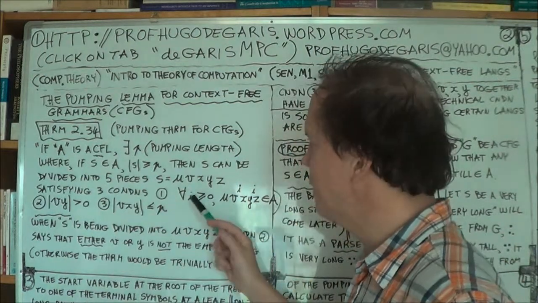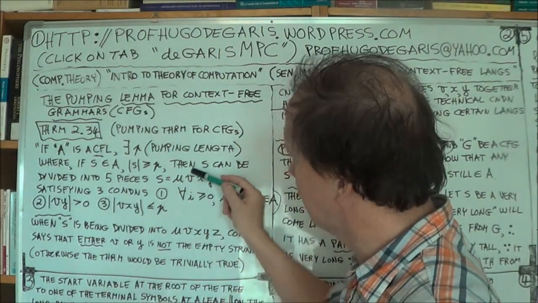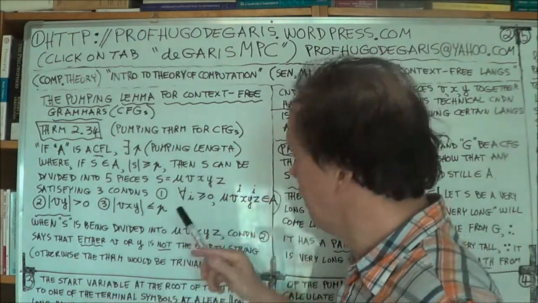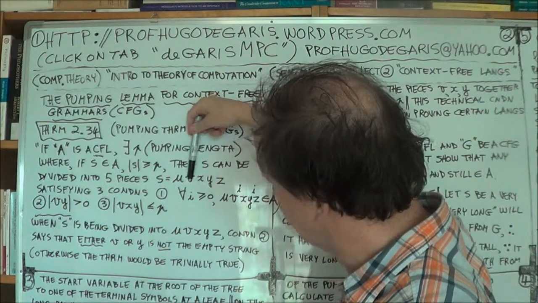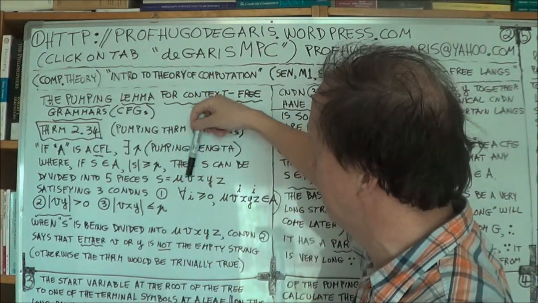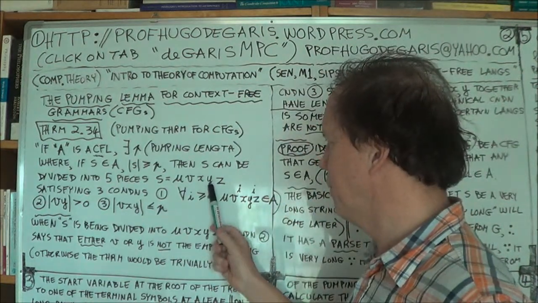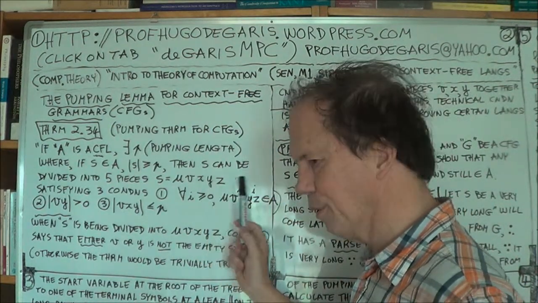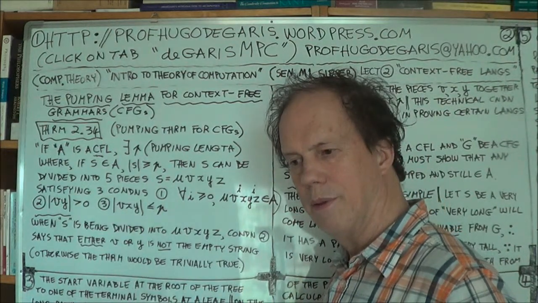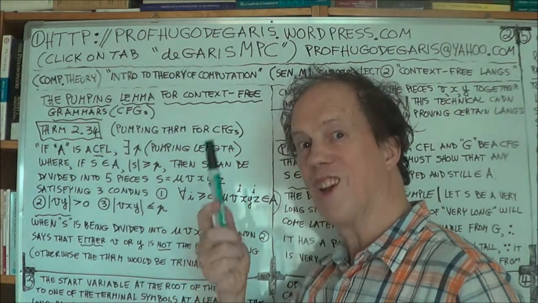And what that means is you take a second copy of V, this substring, and insert it here, like after the first one. So now you'd have U V V X and so on. Now the V and the Y here, the second and the fourth part, they both get pumped together.